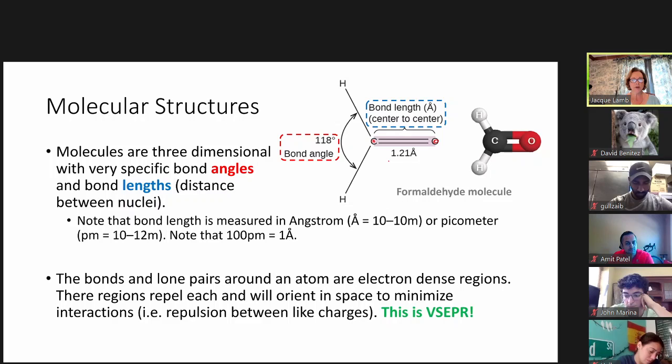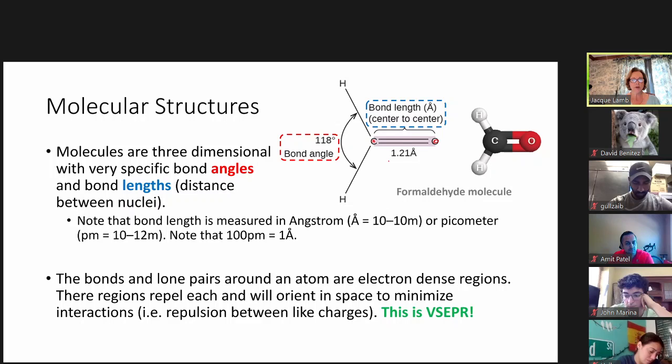So we can draw them with Lewis dot structures, but the shapes that we draw are generally in 2-dimensional space, and they're going to look like they're all 90-degree bond angles, but they're not. The trick to this is always put electron regions, whether they're bonding pairs or lone pairs, as far away from each other as possible.